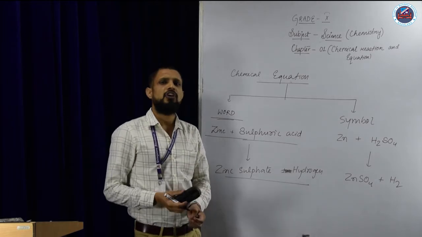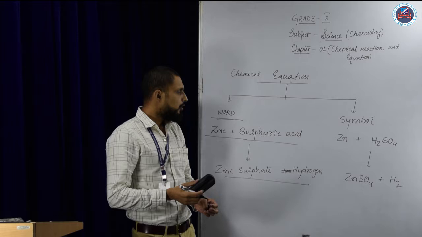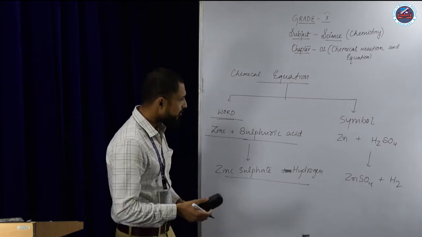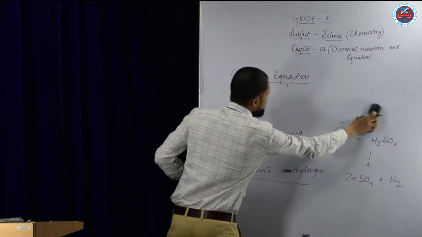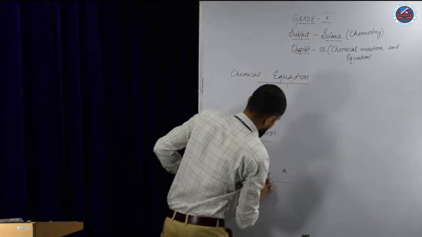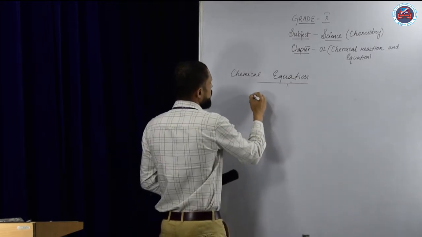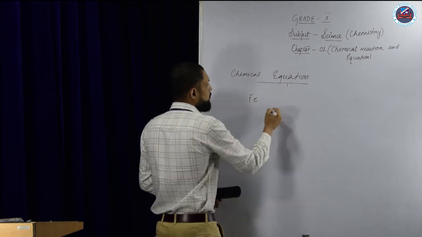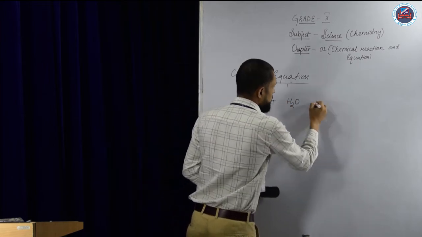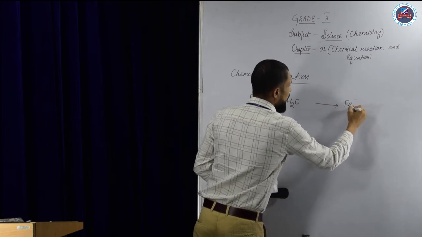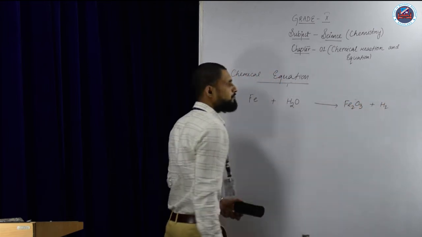Now most of the time the chemical equation is unbalanced. Now what is unbalanced? Let us see with the help of an example. Let us consider this reaction, the reaction of iron with water vapor to form ferric oxide and hydrogen gas.